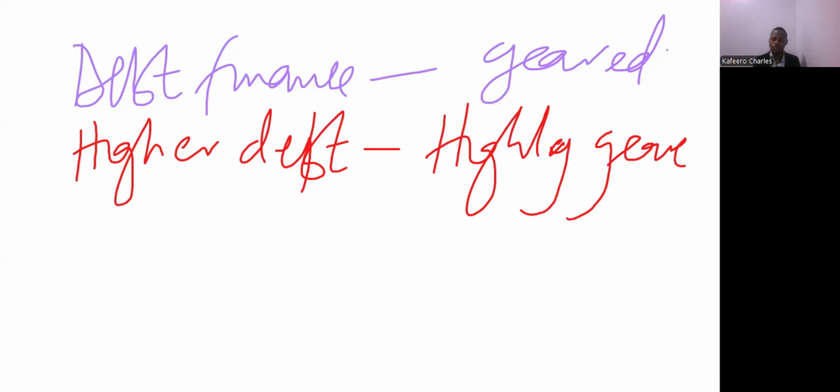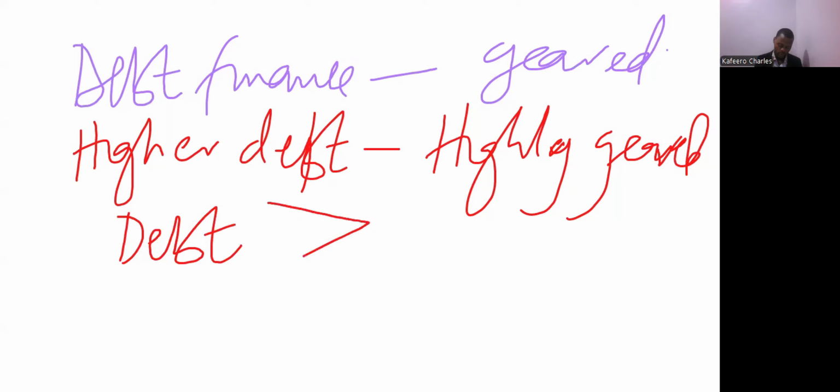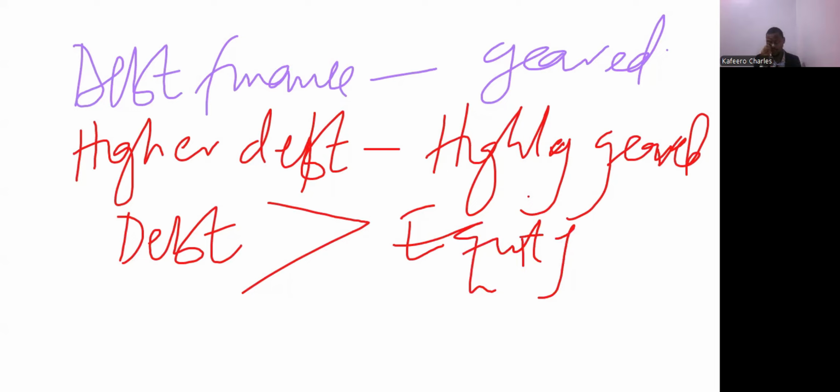Once you have more debt in your capital structure than equity, we can say you are highly geared. So a company is said to be highly geared if its debt outweighs, or is greater than, the equity, meaning that the debt component outweighs the equity component.